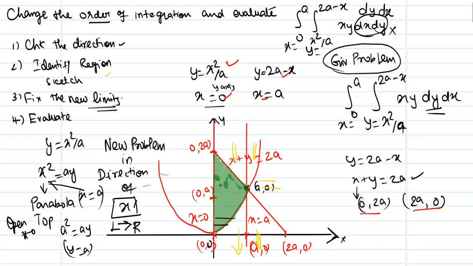When I move over here, I see that I move from a straight line x equal to 0 to the portion of a parabola. And when I start moving in the same direction, I notice that when I come towards the top portion, I move from the straight line x equal to 0 to the straight line x plus y equal to 2a.